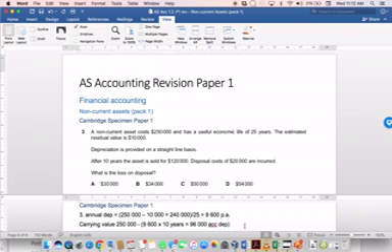So if you subtract the accumulated depreciation from that, you would then have a total of 54,000 as your carrying value.